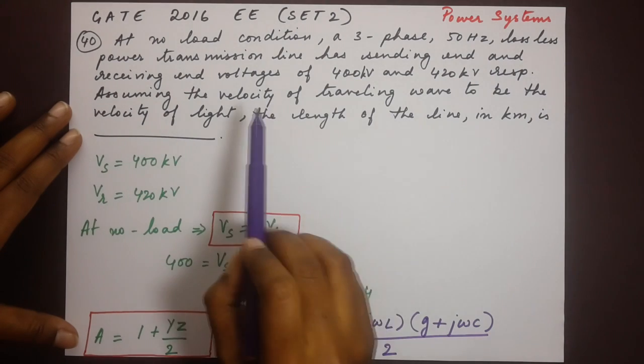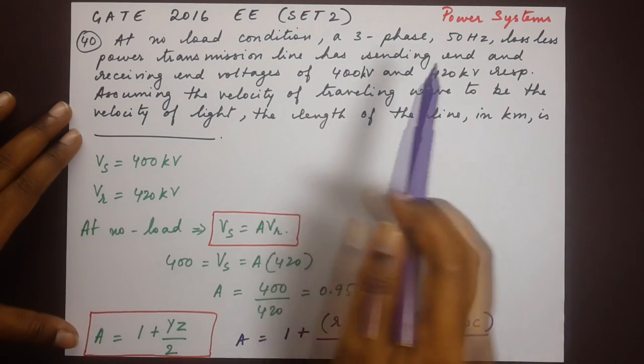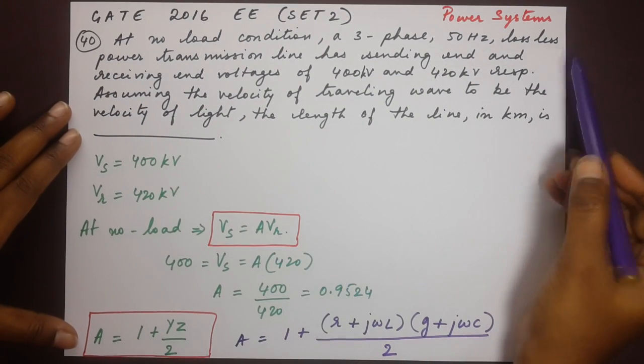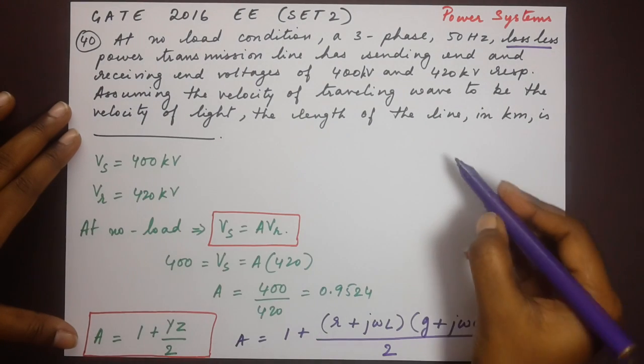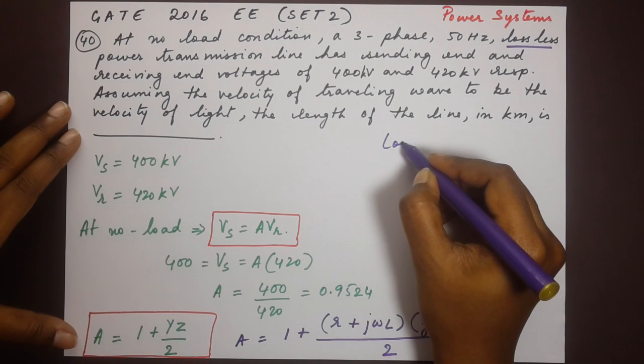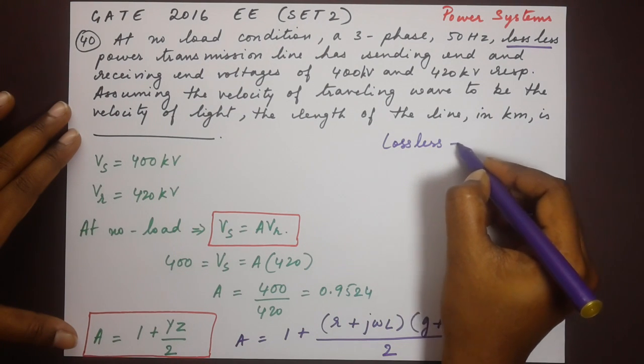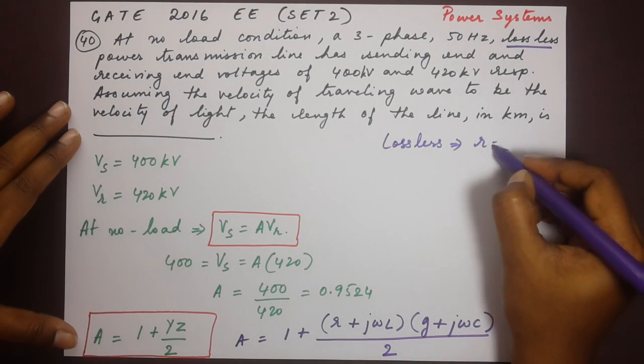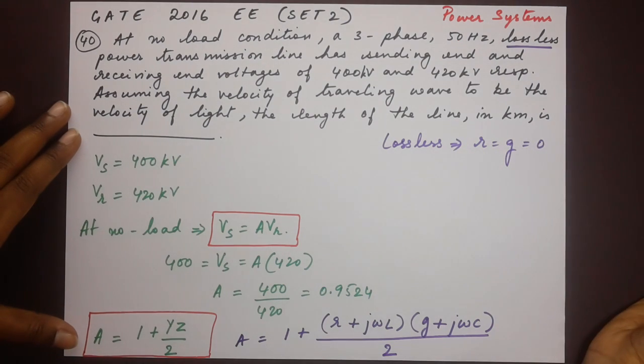Now since the question says that it's a lossless power transmission line, for a lossless line R and G will be 0.